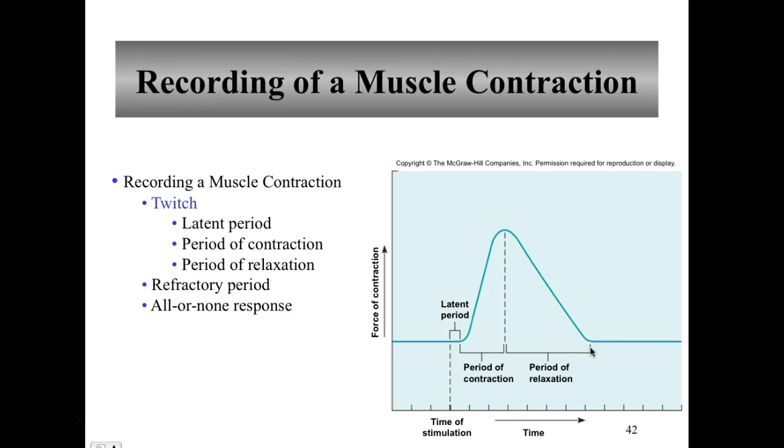Ultimately, it's an all or none response. And what does that mean? If a muscle fiber is brought to a threshold or above, it responds with a complete twitch. But if the stimulus is at sub-threshold values, below what is required for that threshold, the muscle fiber will not respond to the stimulus.